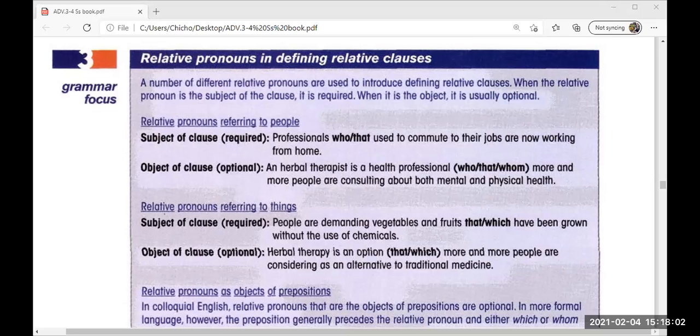Thank you very much. What is the subject and verb that are following the relative pronoun in this sentence?